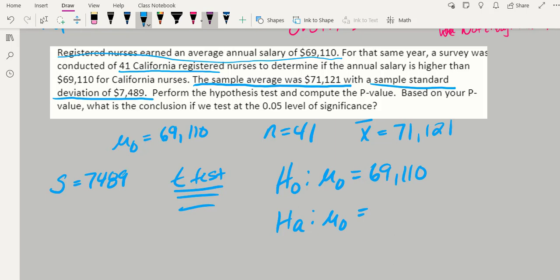It says for that same year, a survey was conducted of 41 California registered nurses to determine if the annual salary is higher than 69,000. So the word higher indicates that we are going to use a greater than. So we need to write greater than 69,110. Being that this is greater than, we know that this is a right-tail test, right? And it is also still a one-tail test.